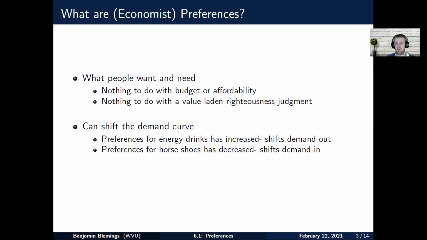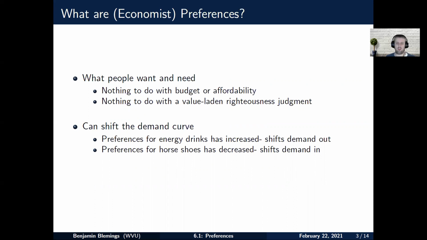But anyway, we need to talk about what preferences are to an economist and how we define them in our pursuit of rigorously defining how people satisfy their wants and needs. So what people want and need. This really has nothing to do with budget or affordability. That's in week 7. And it's nothing really to do with value-laden righteousness or judgment.